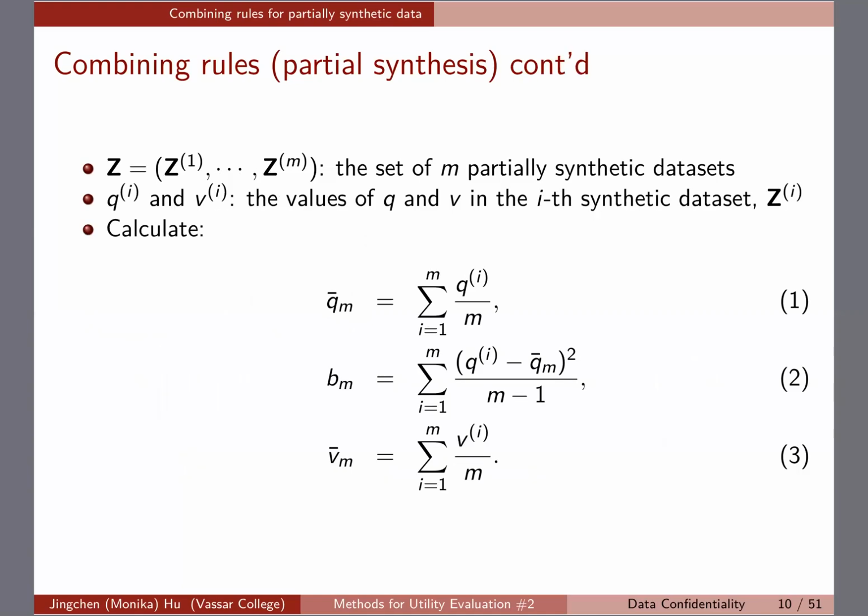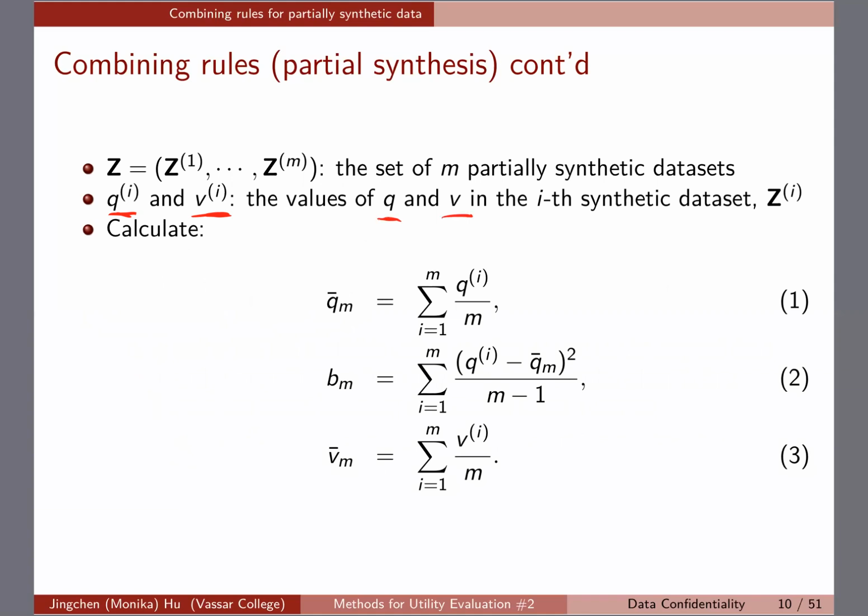All right, so suppose we have m synthetic data sets. I'm using capital boldface Z, Z1 to Zm, to represent them. For each synthetic data set Zi, let Qi and Vi be the values of Q and V for that synthetic data set.